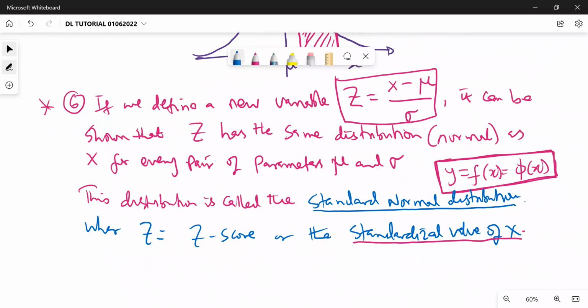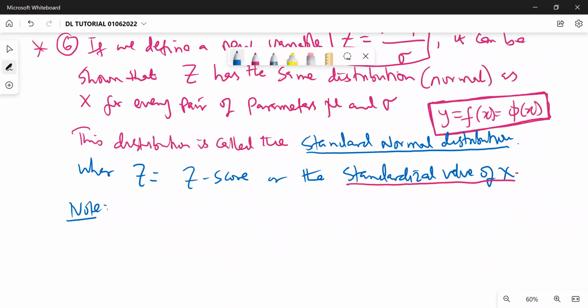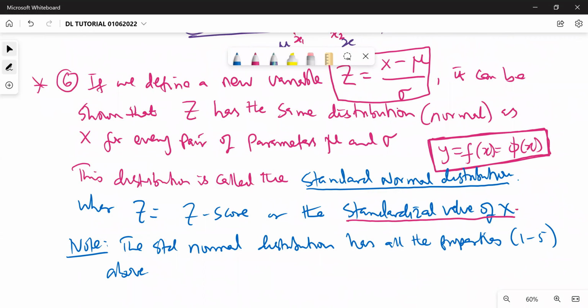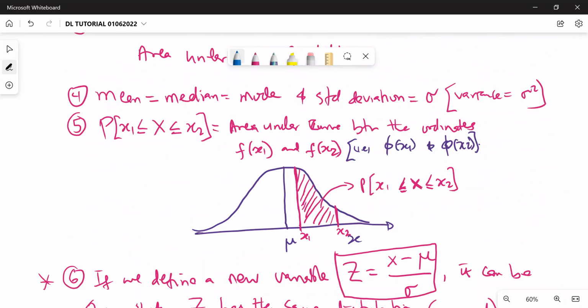Okay, so let's note that the standard normal distribution has all the properties 1 to 5 above. Of course, what you'll be doing is replacing X with Z. So where there is X, you put a Z. So this would be Z greater or equal to Z1, less or equal to Z2.